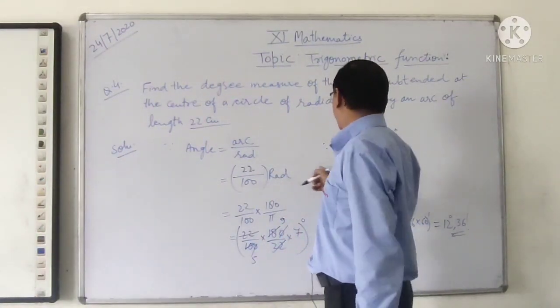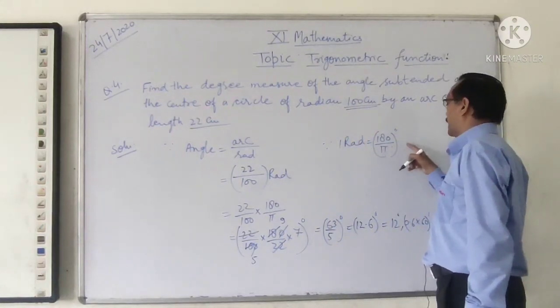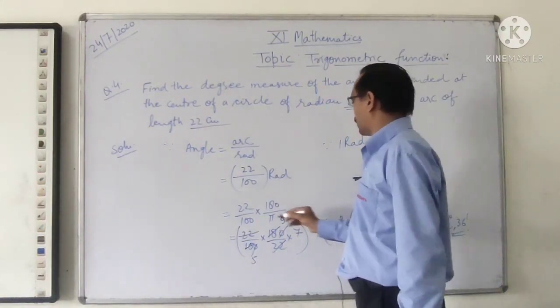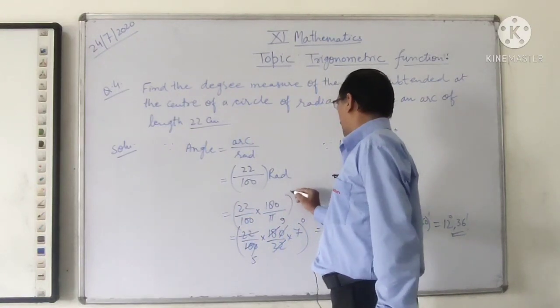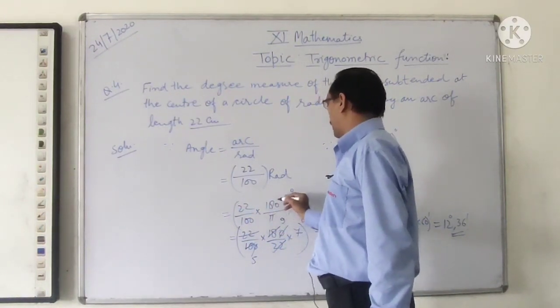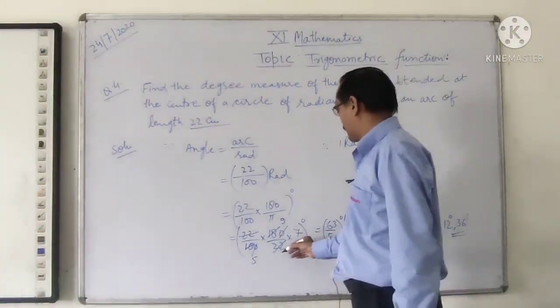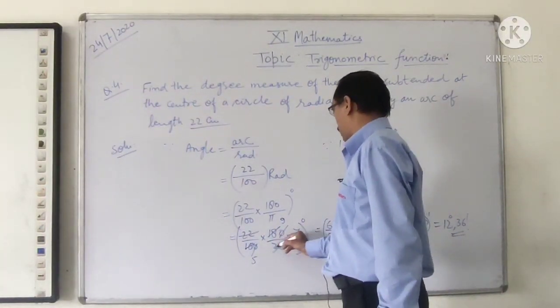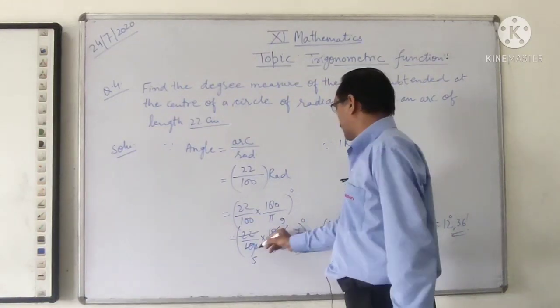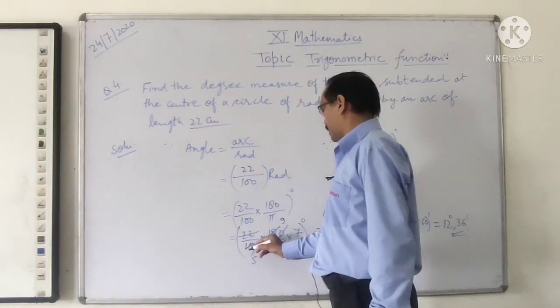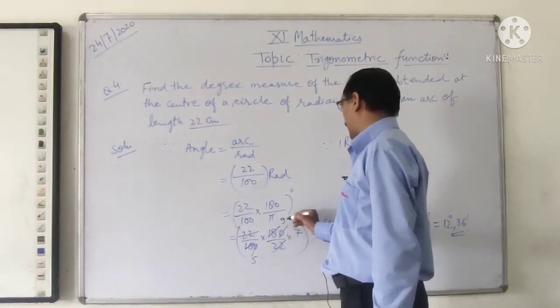Now we will write 1 radian equals 180 degree upon pi. So it is 22 upon 100 into 180 degree upon pi. The value of pi is 22 by 7. So it is 22 into 7. 22 cancels out, 0 cancels. 2 5 is 10 and 2 9 is 18.